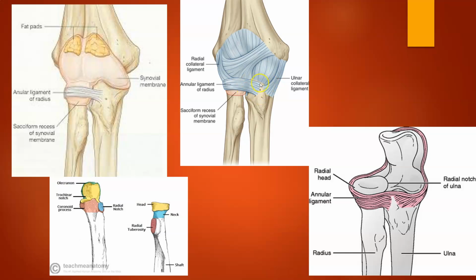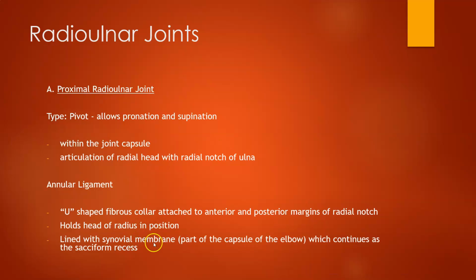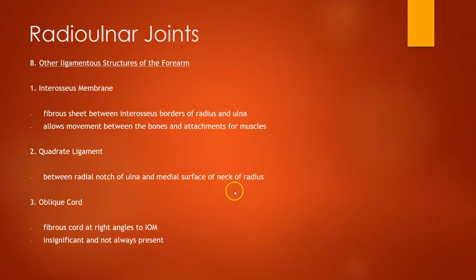So again, you can see there's ligaments in this drawing. So of course, underneath these ligaments, you'd find the fibrous capsule and the synovial membrane. So we don't see them here, but we do see the annular ligament here, again attaching to both the anterior and posterior aspects of the ulna, thus surrounding the head of the proximal radius with this slight bit of a synovial membrane sliding out underneath, which of course is the sacciform recess.